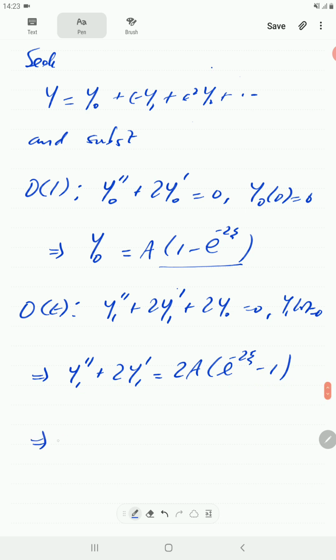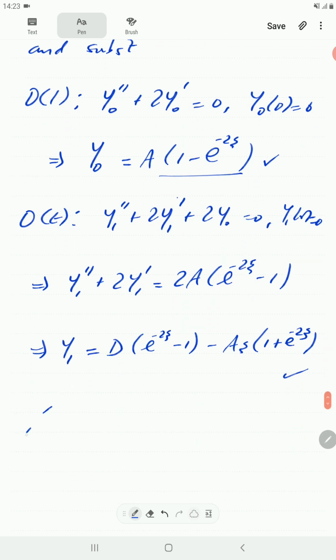But the main thing right now is that solving this gives us the following solution. D is a constant that again we still need to find. A is the constant that we already know about. So we have got our Y naught, we have got our Y1.